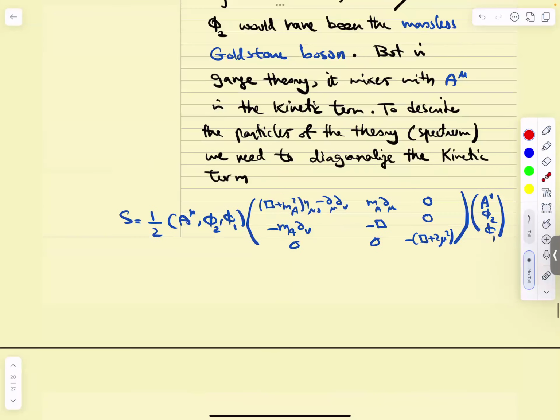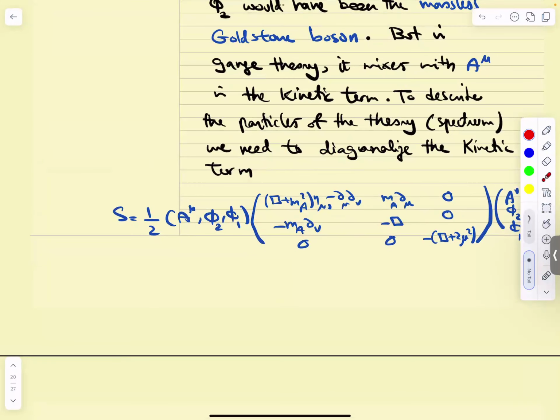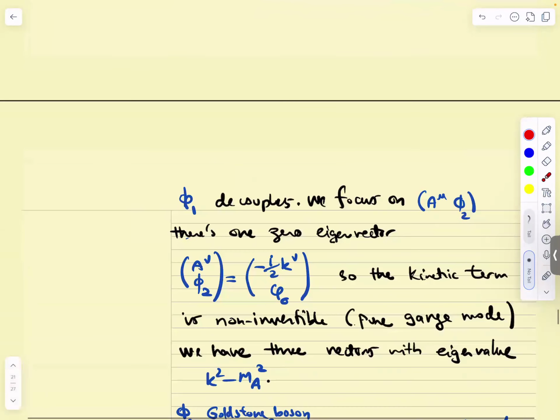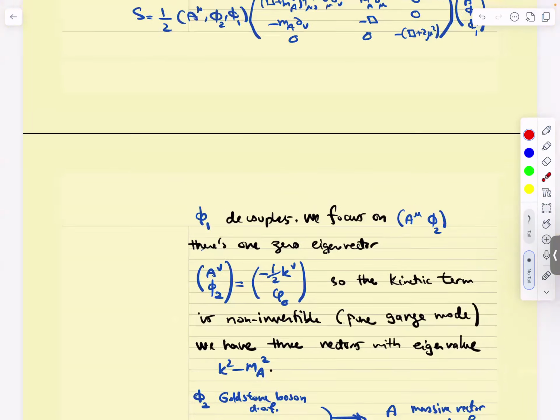Now, if you look at this matrix and you want to diagonalize it, the first problem you have is that this has a 0 mode. If you take A mu and phi 2 to be minus i over 2 k mu and phi 0, this is a 0 eigenvector of our mass matrix.